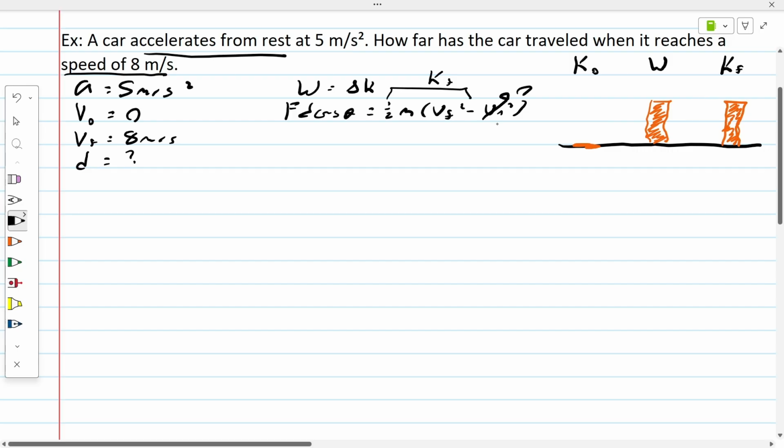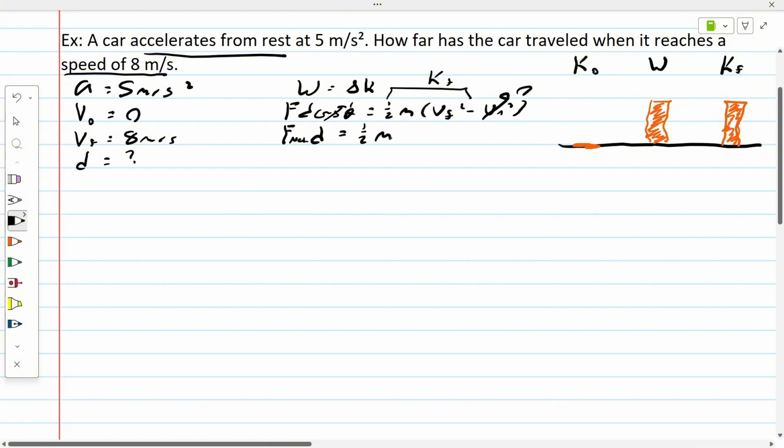So now we need to decide what is the force that's actually doing the work. So we're just looking at these initial and final positions. We just know some net force is acting on this car to allow it to accelerate. So we can actually just put F net here, because we're looking at the net force in the x direction, because we know it's accelerating in the x direction, times the distance. And this cosine is just going to go to 1, because we know the force is in the same direction since it's accelerating, and the speed is increasing.